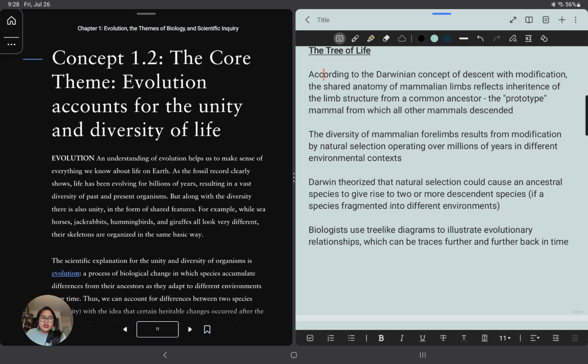Darwin theorized that natural selection could cause an ancestral species to give rise to two or more descendant species, if a species is fragmented into different environments. Biologists use tree-like diagrams to illustrate evolutionary relationships which can be traced further and further back in time.